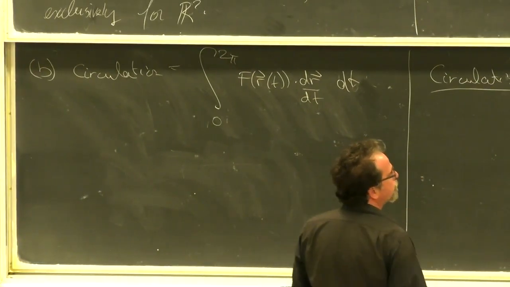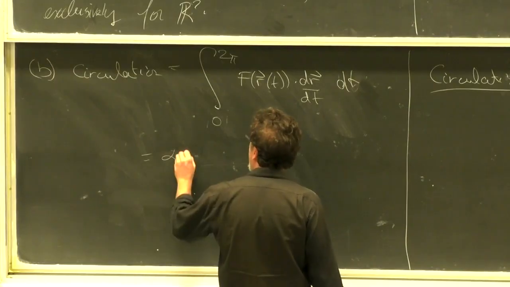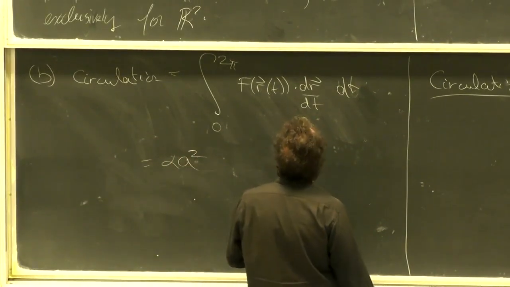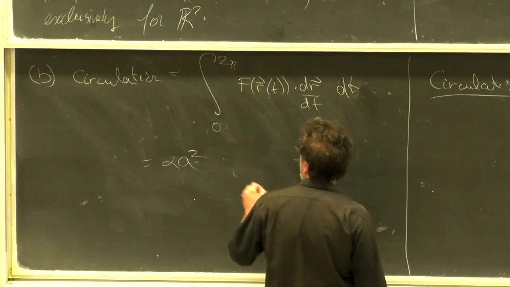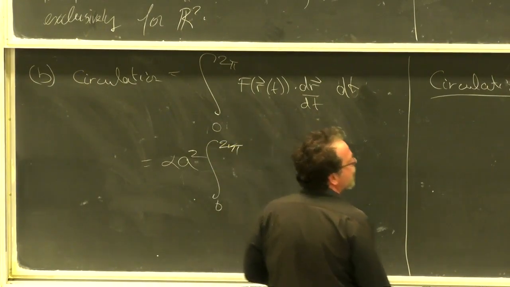But again, I'll get an alpha up front, an a from the vector field, so there's alpha a, an a again from the dr dt, and then I have to take the dot product of those two vector fields, and I'm going to write it out.